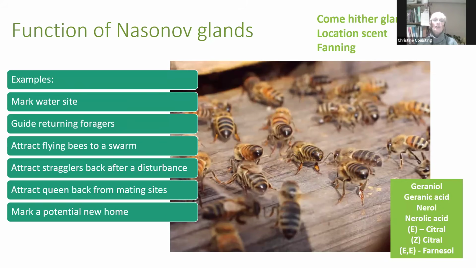They also use it to attract the queen back from the mating site and to mark a potential new home. So when the scout bees go out and look at sites, they will mark those. And as well as releasing the scent, the bees will usually be fanning, so they'll be fanning to spread the scent out.